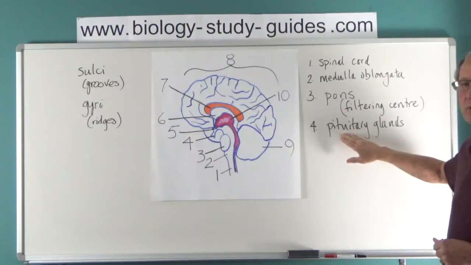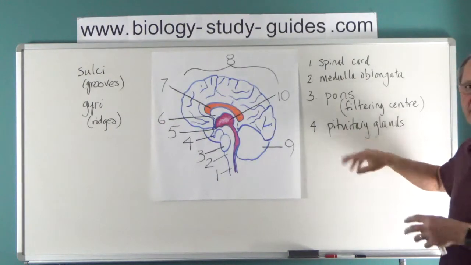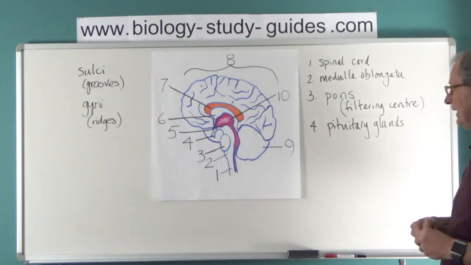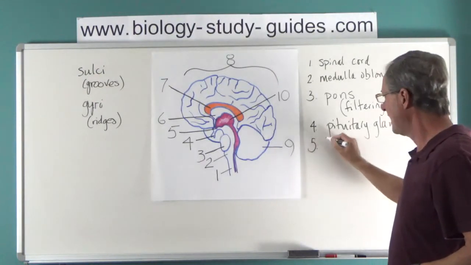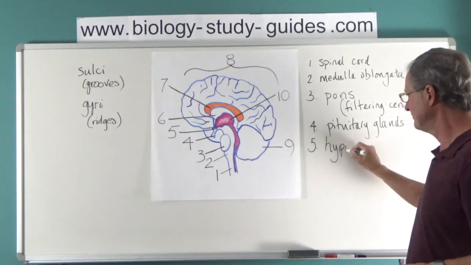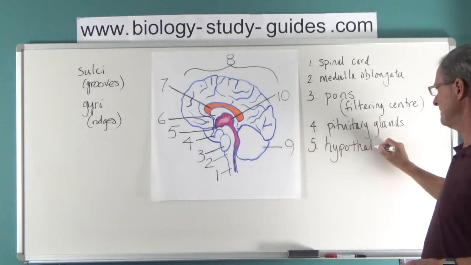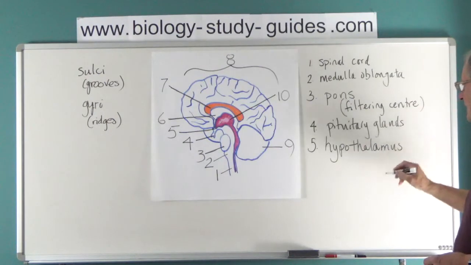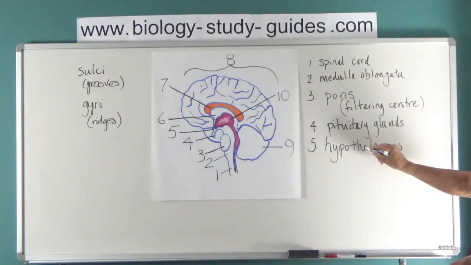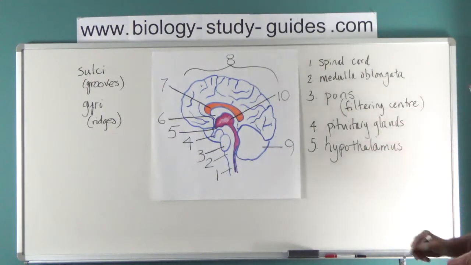It secretes hormones. It is the topic of another video coming up in a while. 5 is the hypothalamus. The hypothalamus coordinates what goes on with the pituitary gland.